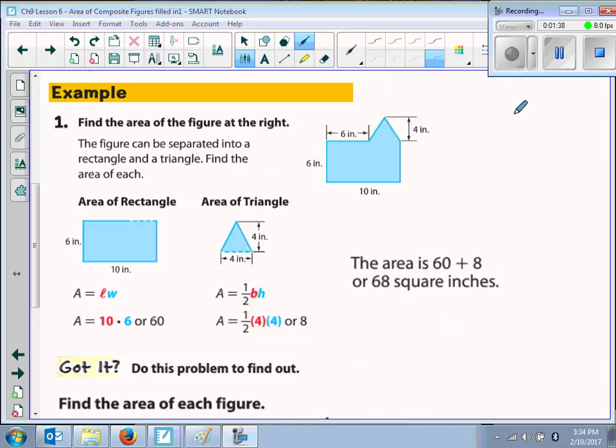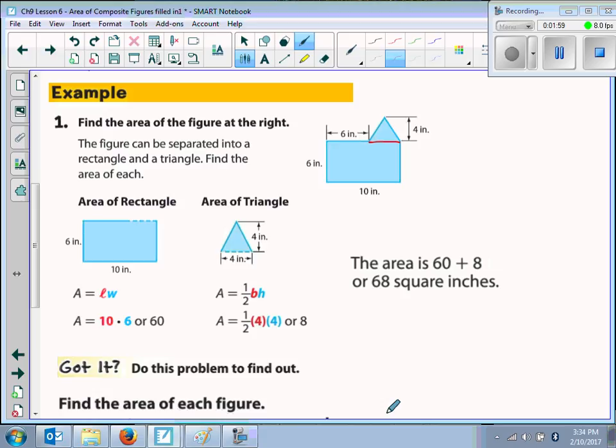For example 1, it says find the area of the figure at the right. The figure can be separated into a rectangle and a triangle. So to decompose this, we are just going to break it right across to create the triangle, right?